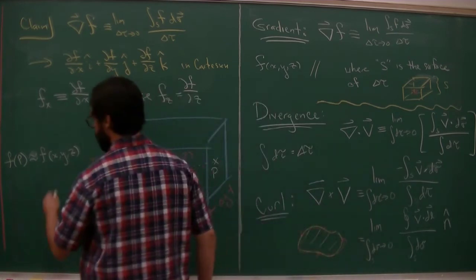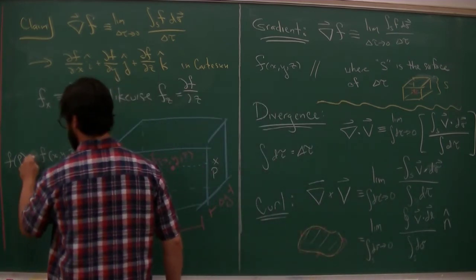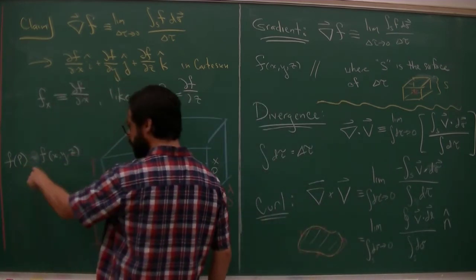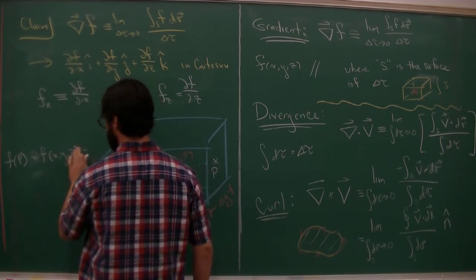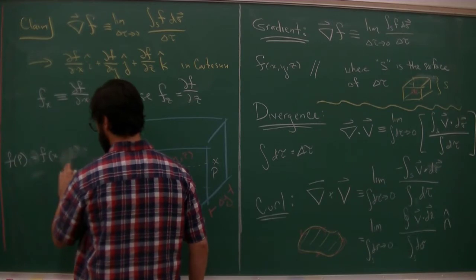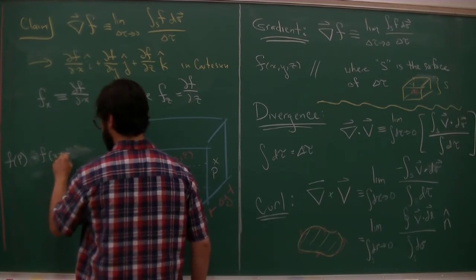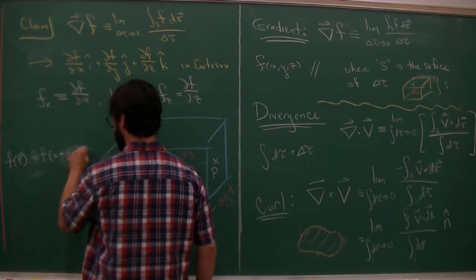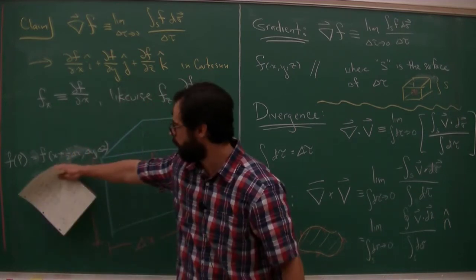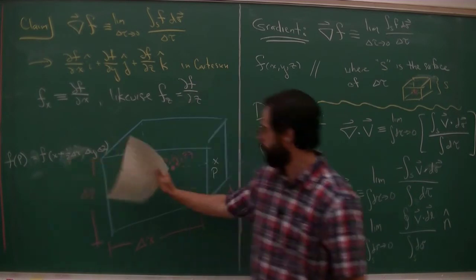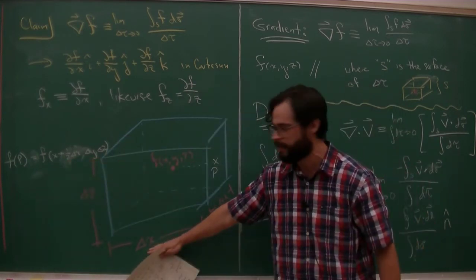Actually, let me do this first before Taylor theoreming it. I'm just going to Taylor expand the first variable of this, since I have to move over by half of delta x.